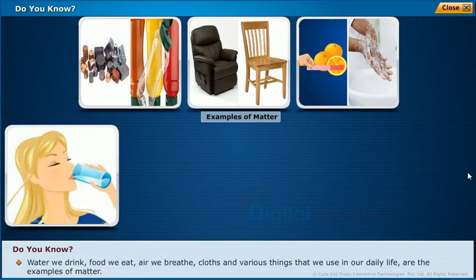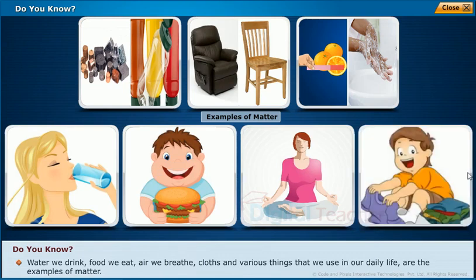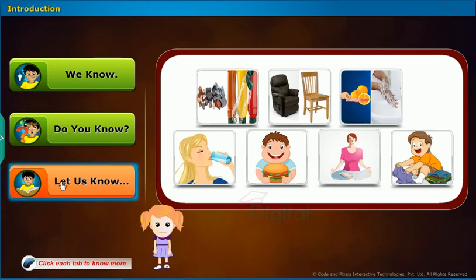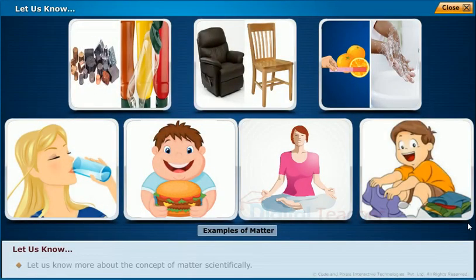The water we drink, food we eat, air we breathe, clothes and various things that we use in our daily life are the examples of matter. Let us know more about the concept of matter scientifically.